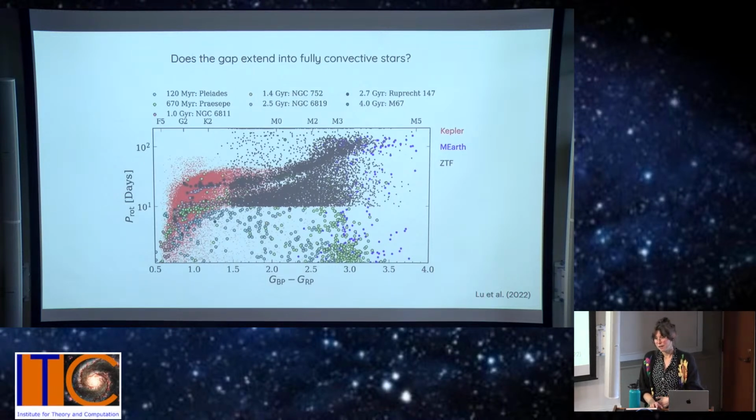Ben Montet has a result where he does find stars are variably variable on a cycle that looks like it could be a magnetic activity cycle. But ZTF could potentially be a better data set to do it with, because it is a little bit longer, I think, than Kepler. Not much longer, though. Yeah.